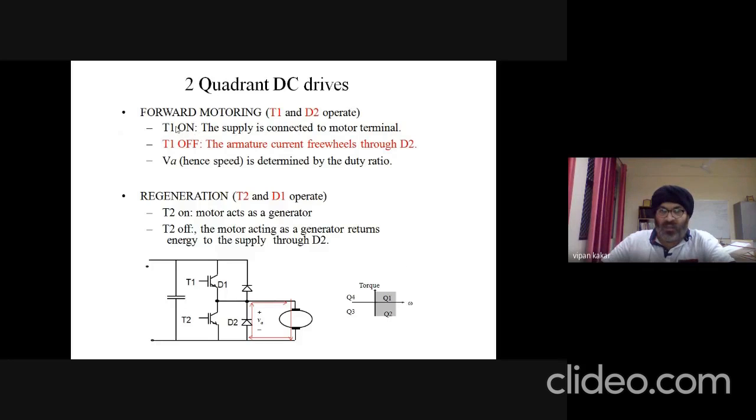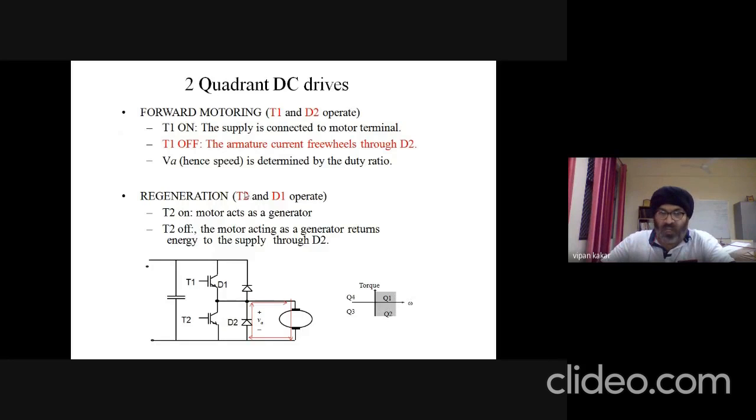So just by switching this switch T1 on and off, we can operate this drive in Q1 mode, or Q1 quadrant.